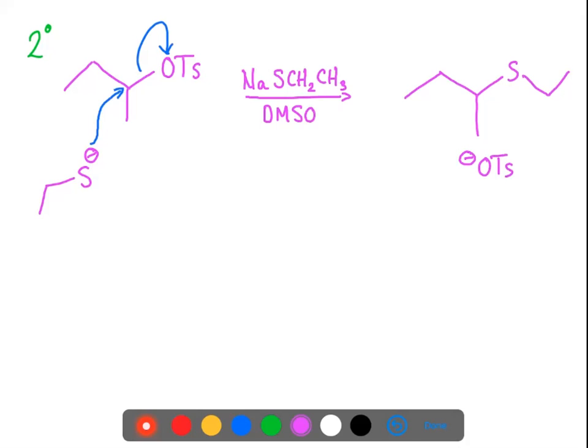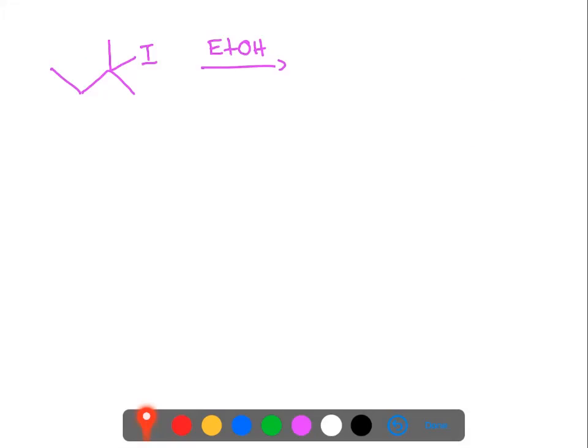And that is basically it. So this is going to be our SN2 mechanism. There may be some minor product associated with the SN1 mechanism, but the major product of this reaction will be this particular sulfide via the SN2. And again, the solvent plays a significant role in this particular example.